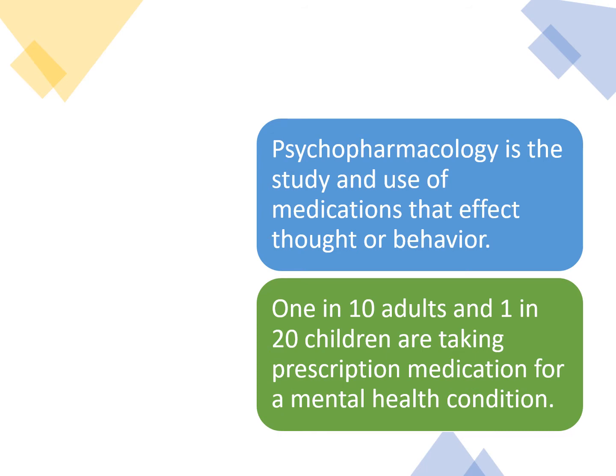And you even have to get that kind of consent when you're using a medication that's not a psychotropic medication, but you're using it off-label for a psychiatric reason. That's just something to know.